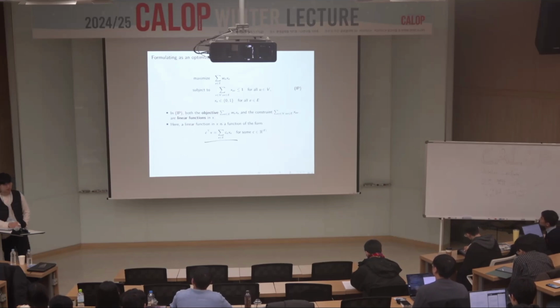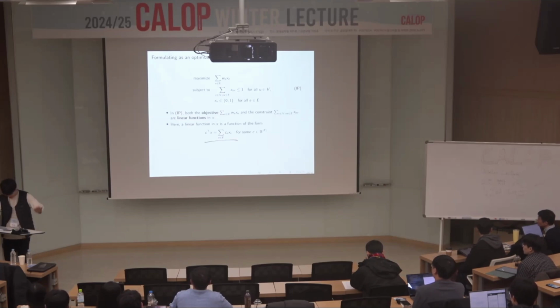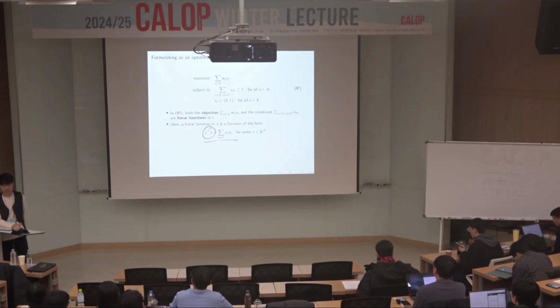Are you familiar with this notation? Transpose. Okay, that's good. If you take undergrad linear algebra, of course you get to know this. So c transpose x is just taking the component-wise multiplication and summing those values up. And if your function is written in this way, we say that the function is linear.